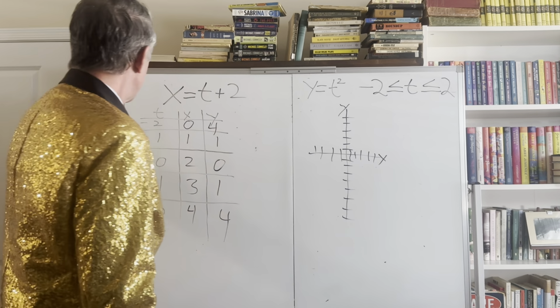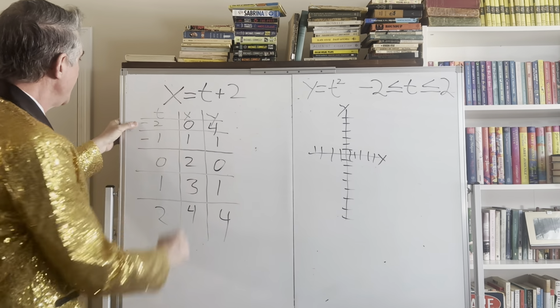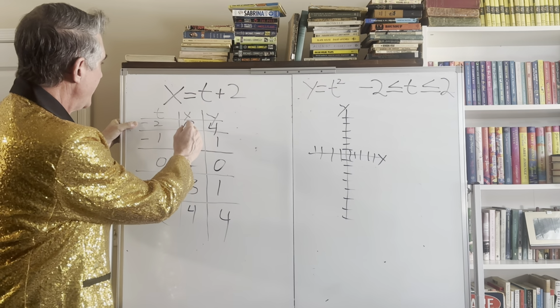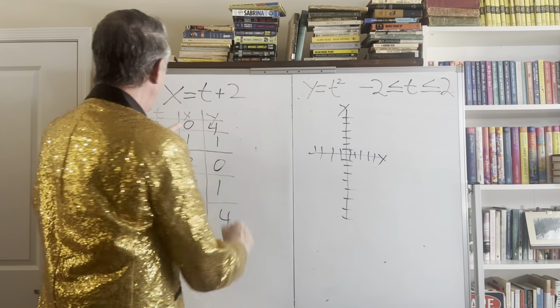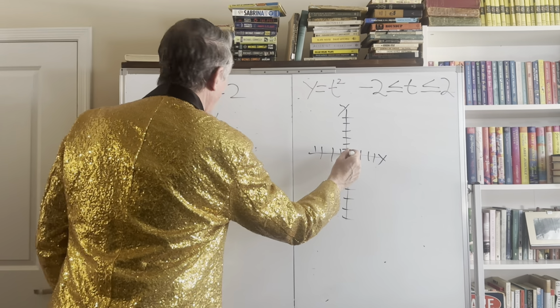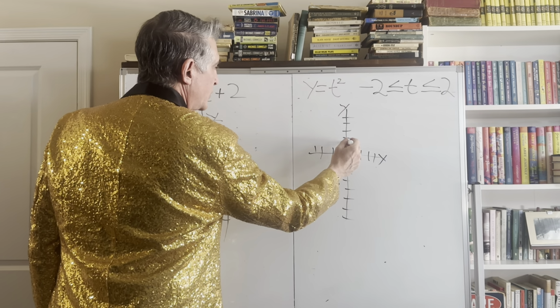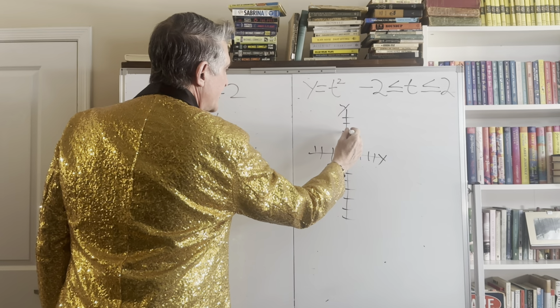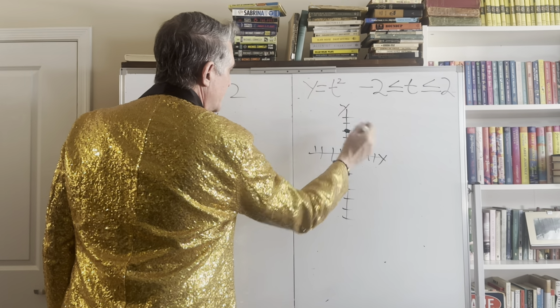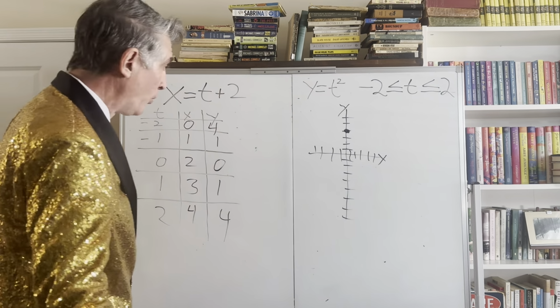Okay, so starting over here with our t of -2, it's going to be the coordinates of 0, 4. Well, my x is 0, so now I'm at my point of origin, and I'm going up 4 into positive territory. So that looks like it's 1, 2, 3, and 4. So that gives us something along the lines of here for our first point.